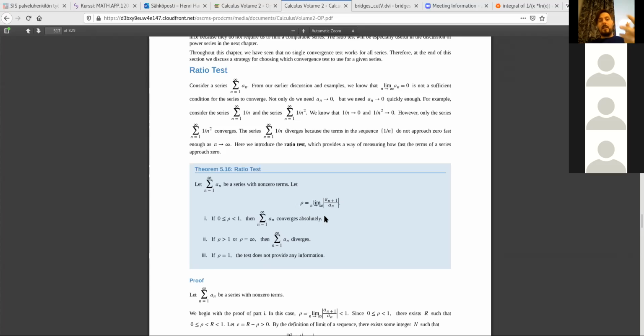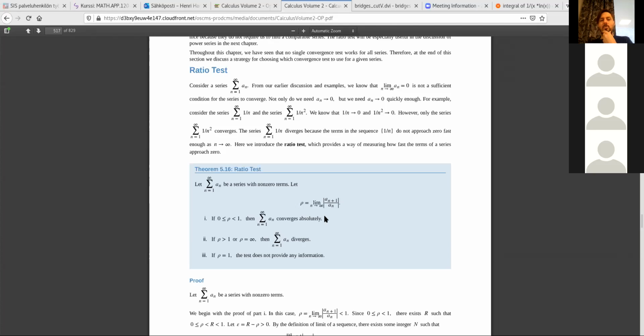A ratio greater than 1 is tantamount to the divergence test, where we look at the limit of these terms, a_n, and they don't go to 0. In fact, they will go to infinity if this ratio is greater than 1.